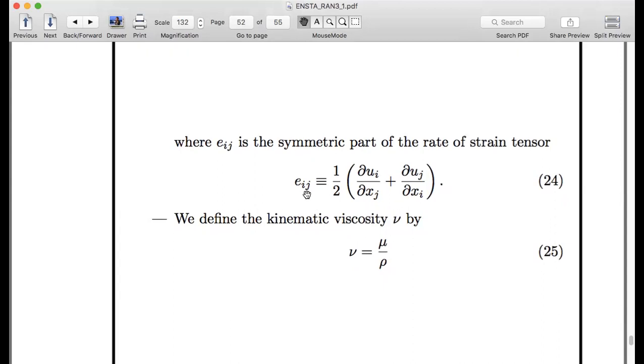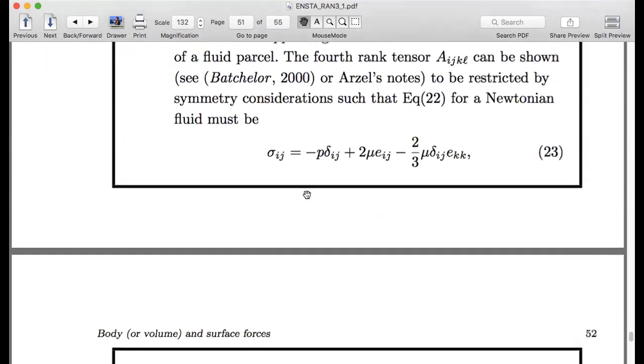So EIJ appeared explicitly in this formula for the stress tensor, right? It was 2 times the dynamic viscosity times EIJ minus 2/3 dynamic viscosity delta IJ times EKK. What's EKK? Well, now I have a repeated index there.